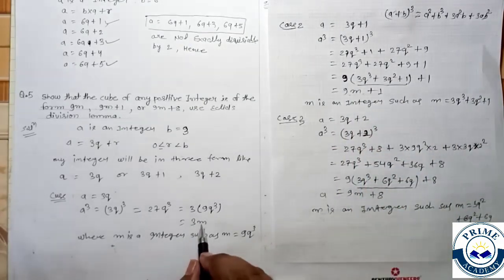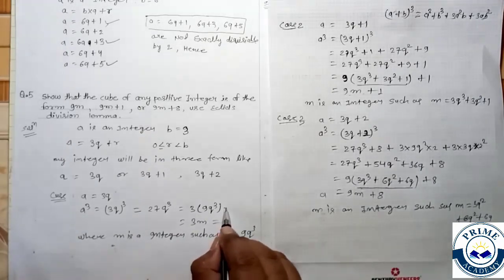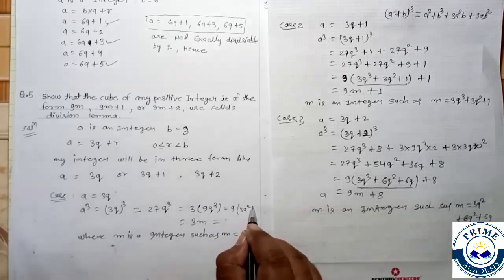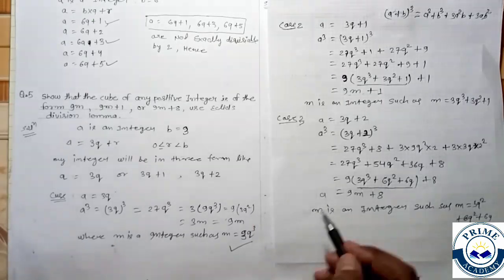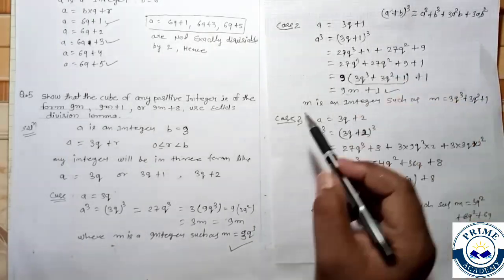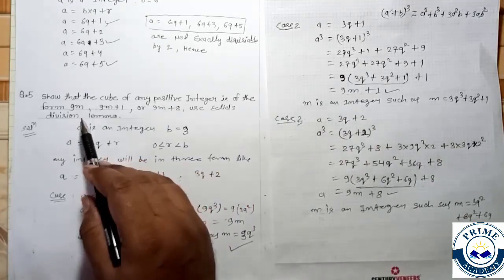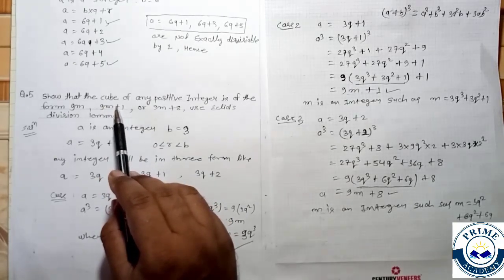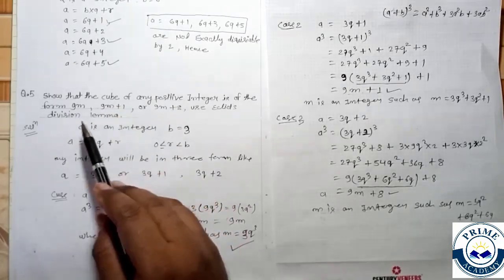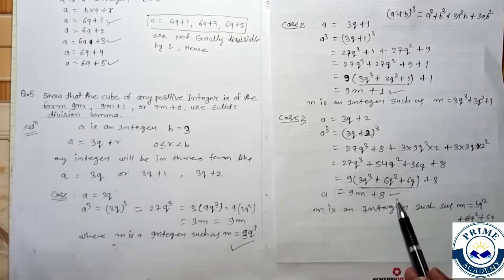In all these three cases, you will find the cube of any positive integer in the form of 9m, 9m plus 1 or 9m plus 8, right?